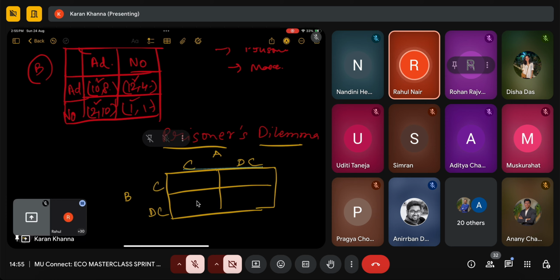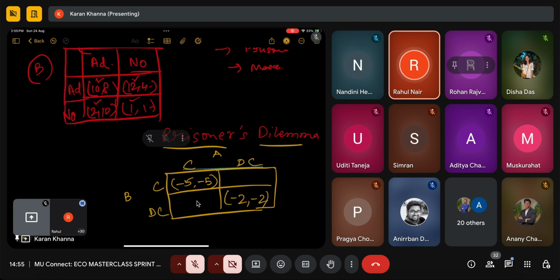Now, what if both of them confess, which means both of them say that, okay, I have done the crime? Both will serve a penalty of 5 years. If both of them do not confess, both of them will serve a penalty of just 2 years, because obviously they would be getting the benefit of doubt.